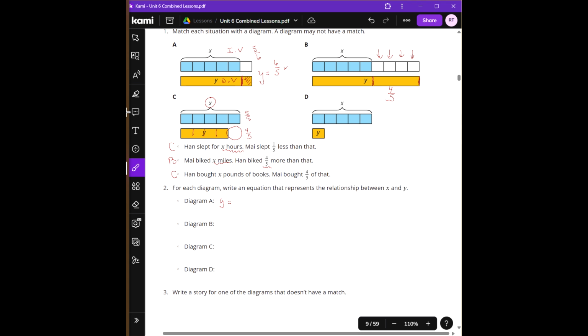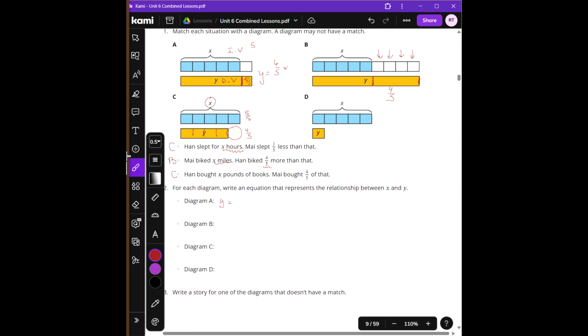So this is 1, 2, 3, 4, 5/5. Let me change this. We're looking at it a different way, I apologize. So this is 1, 2, 3, 4, 5. And now I'm going to add that one more piece.